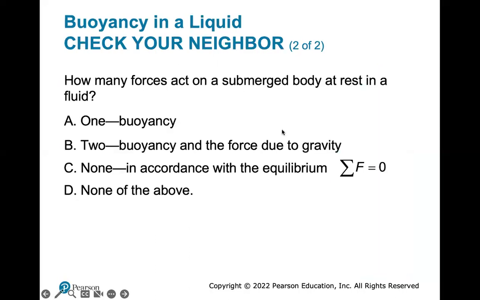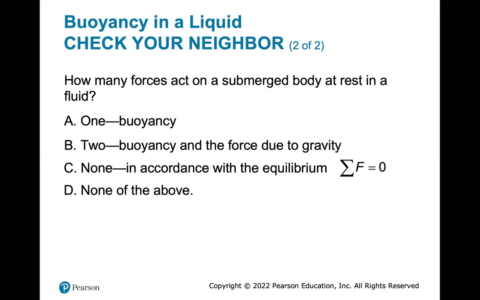Okay. How many forces act on a submerged body at rest in a fluid? 1, the buoyancy. 2, buoyancy and the force due to gravity. 3, none. In accordance with the equilibrium rule, the net force is equal to 0, or none of the above.